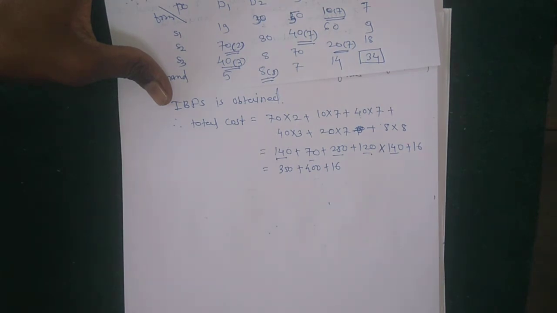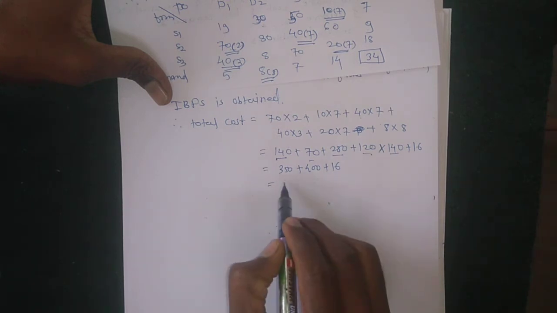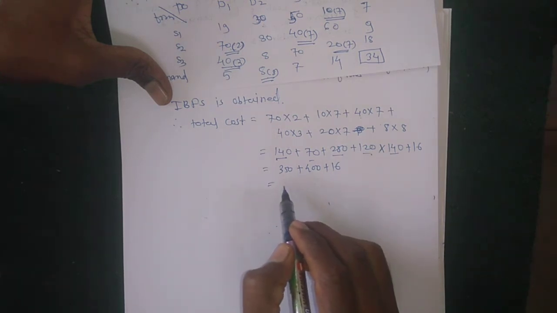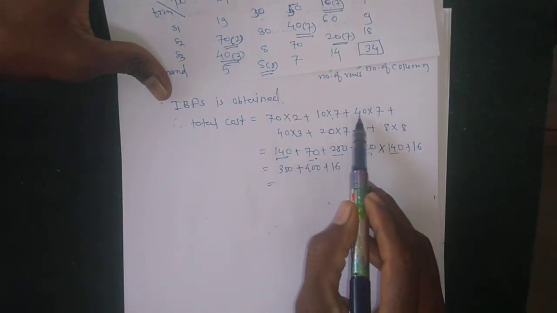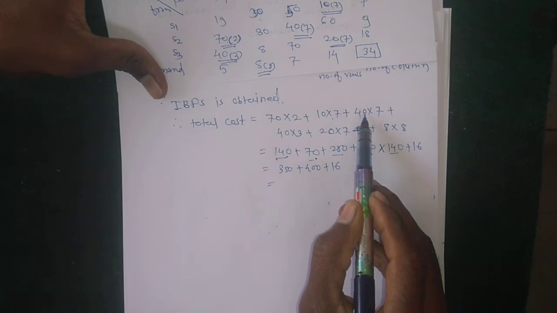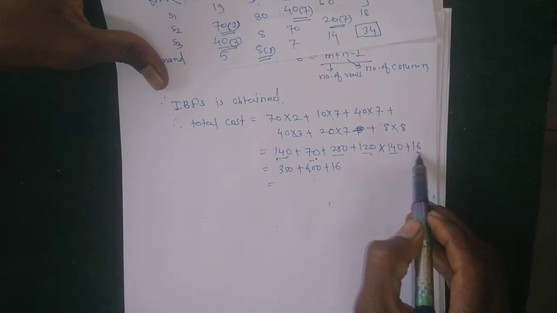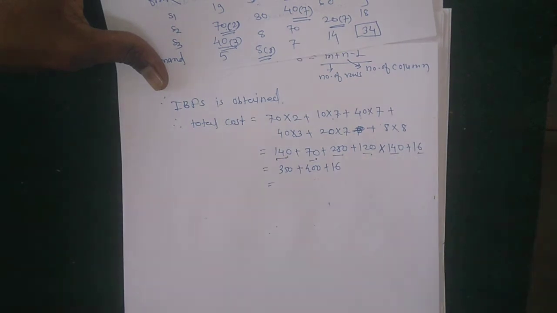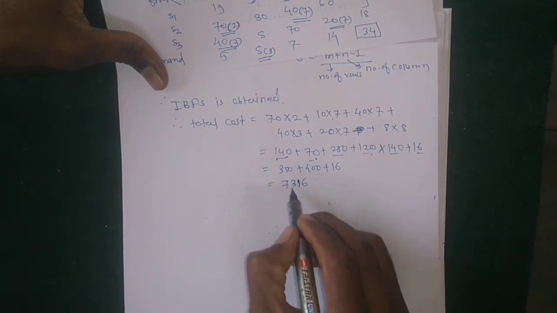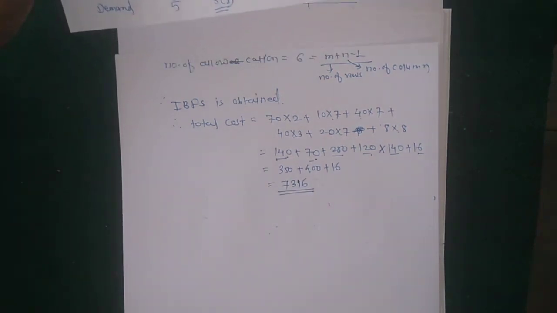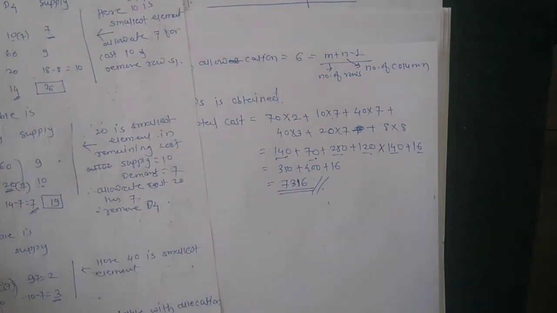So the total is 737316. This is their value. Okay, this is our solution of the given transportation problem.